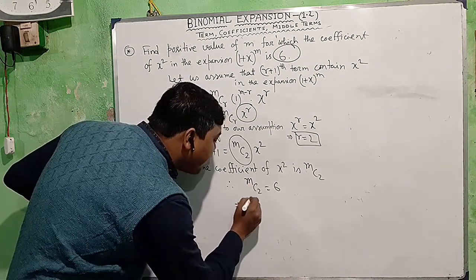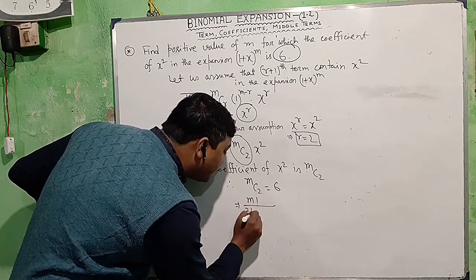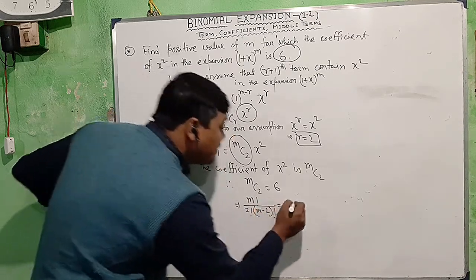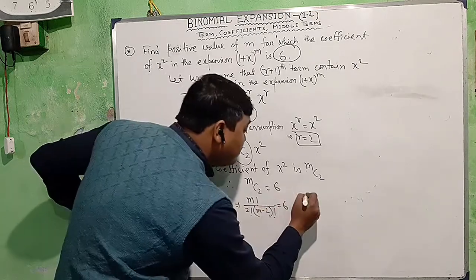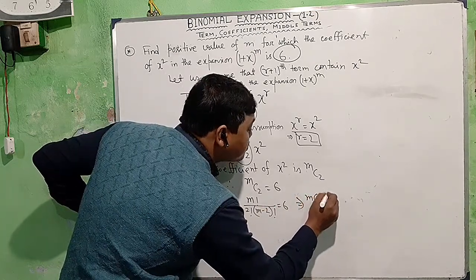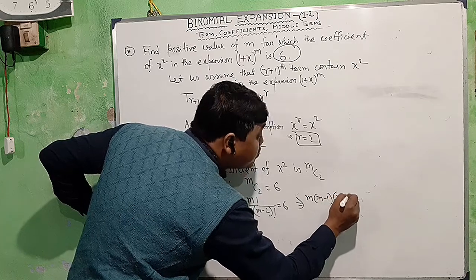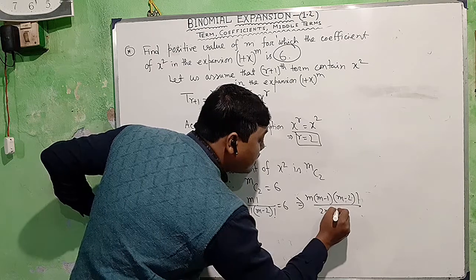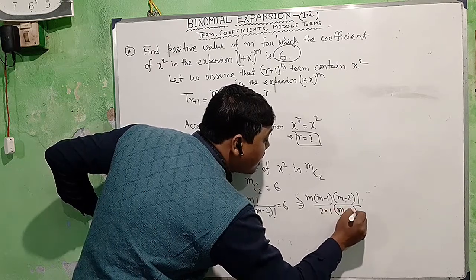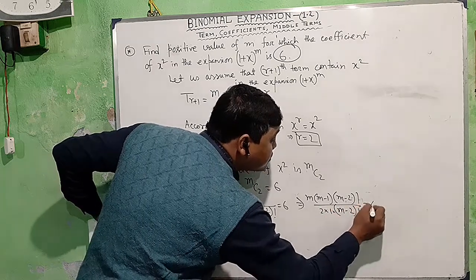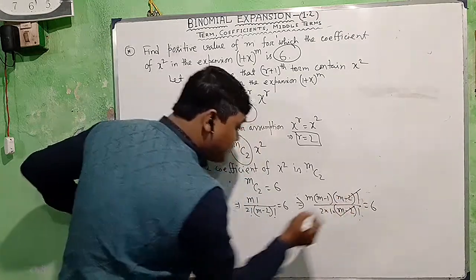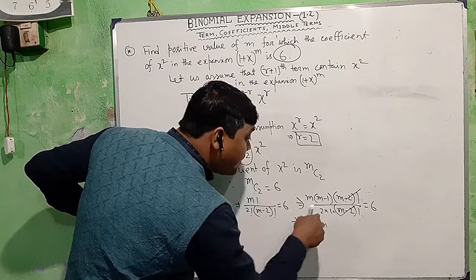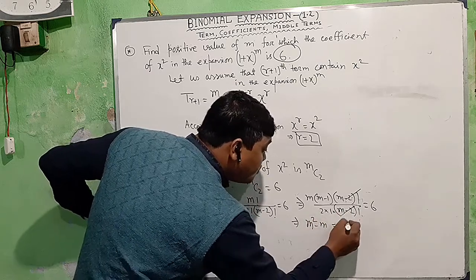After some calculation, factorial m by 2 factorial into m minus 2 factorial equals 6. Then you can write m into m minus 1 into m minus 2 factorial by 2 into 1 into m minus 2 factorial equals 6. M minus 2 factorial cancels. You will get m square minus m equals 6 into 2.